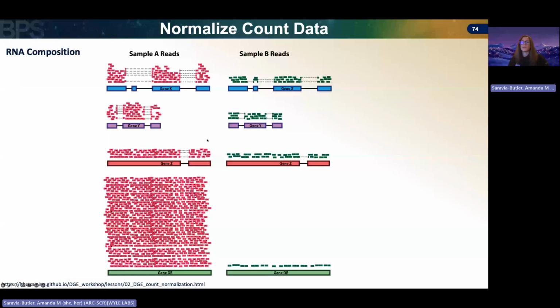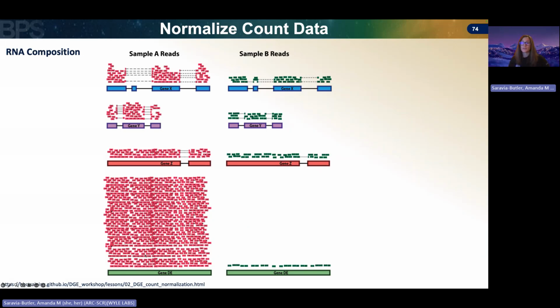In this example, if we used a normalization method such that we divide each sample by the total number of counts to normalize, the counts are going to be greatly skewed in sample A because of this DE gene being really highly expressed.